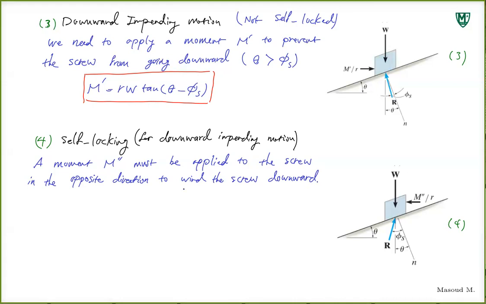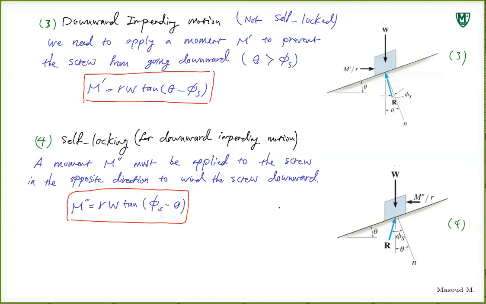If you draw the free body diagram for this case, you're going to get M double prime as R W tan(phi s minus theta), right? There you go.